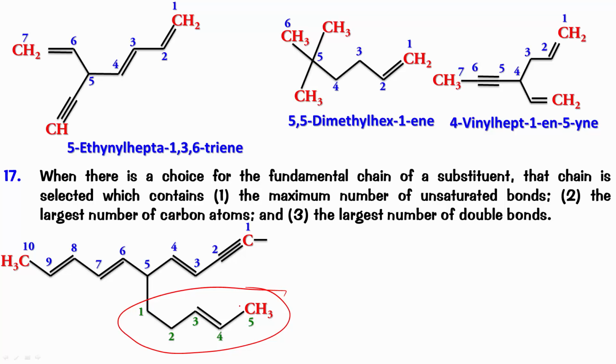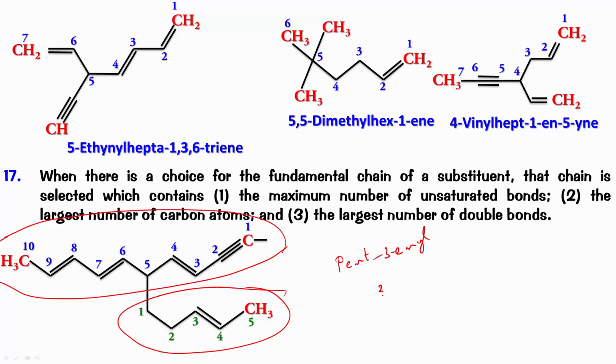So pent-3-enyl. That is the branch of the branch.